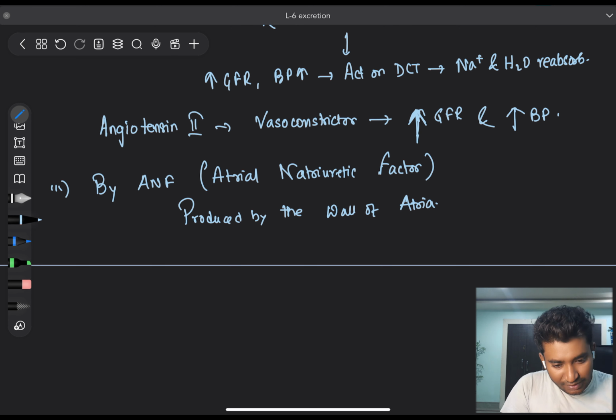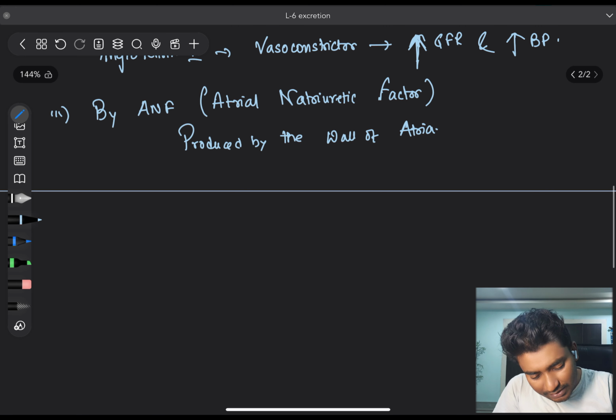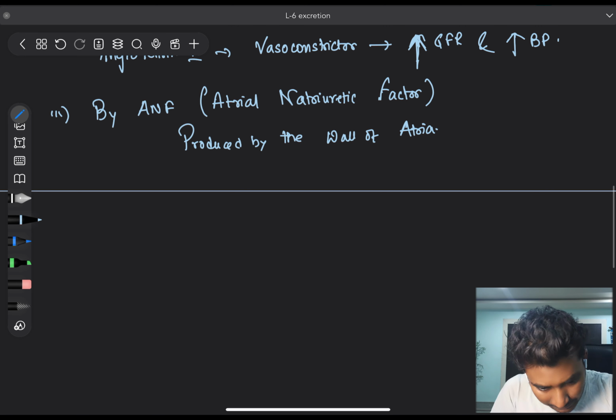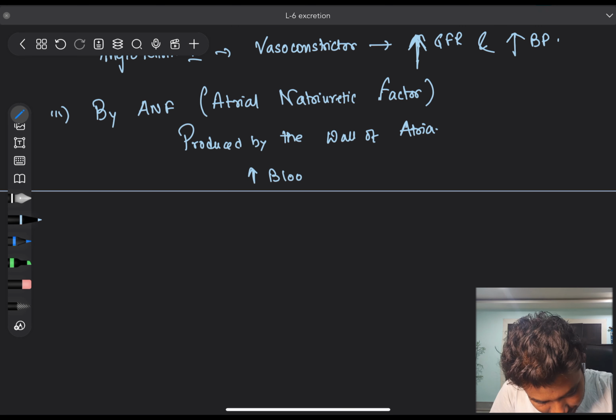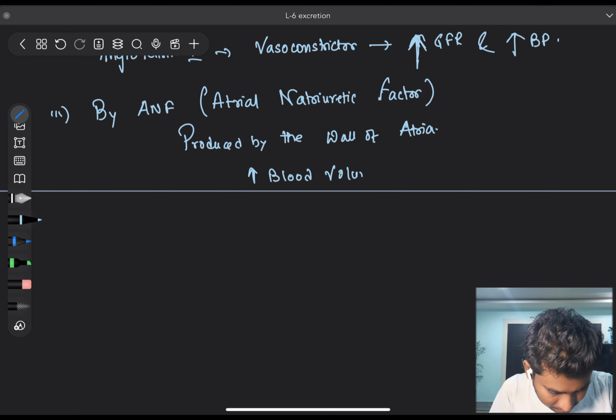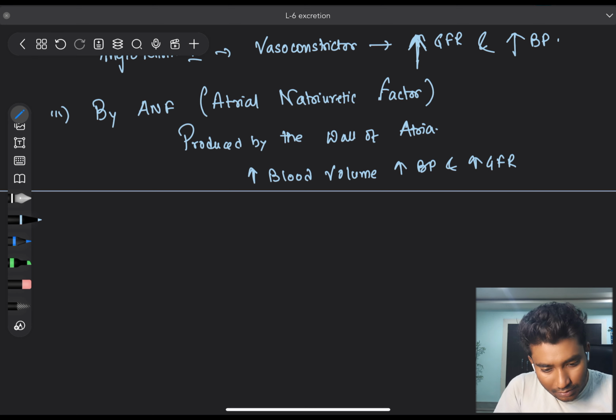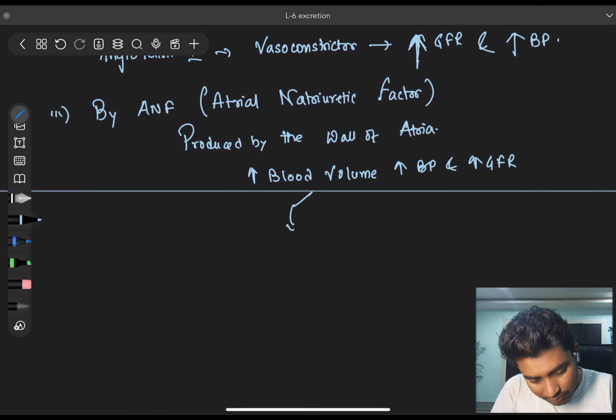When blood volume, blood pressure and GFR increase, blood flow via the heart increases.